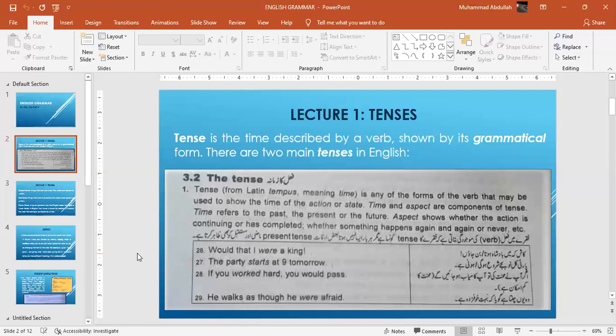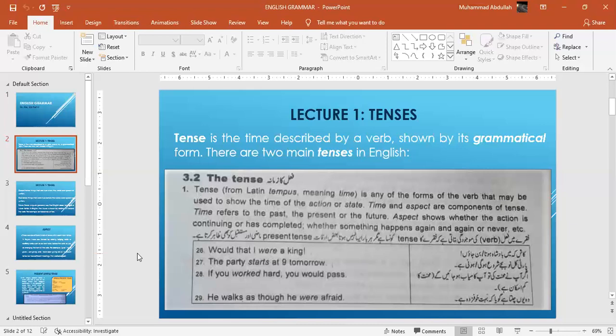In this first sentence, would and were are past verbs, right? But the sense is in present. Next is: the party starts at 9 tomorrow. The verb starts is a present verb, but still it conveys the sense of future, right?